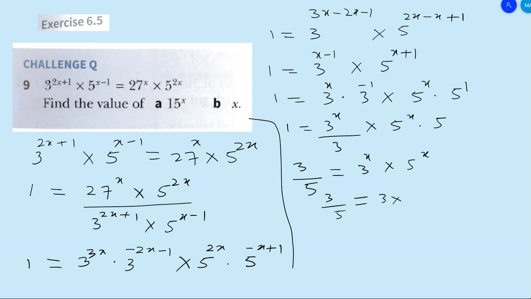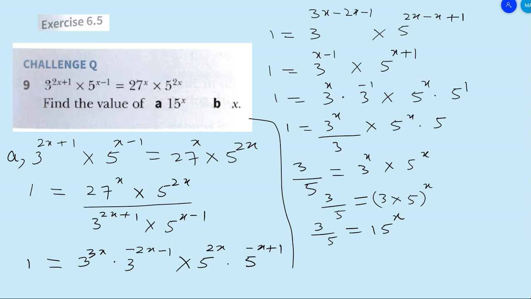We can write 3 into 5 to the power x, then 3 upon 5 is equal to 15 to the power x. So this is the answer of part A. The question was, find the value of 15 to the power x.